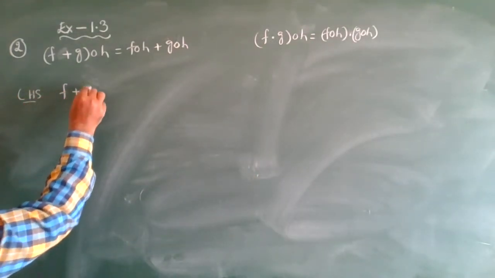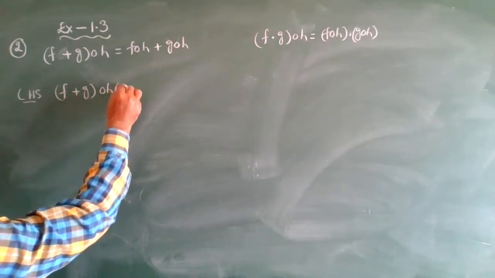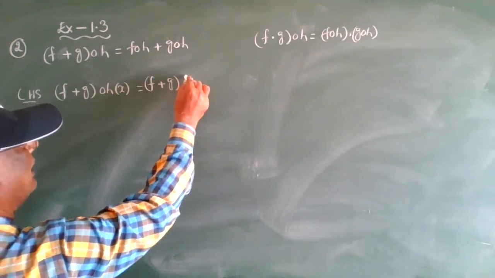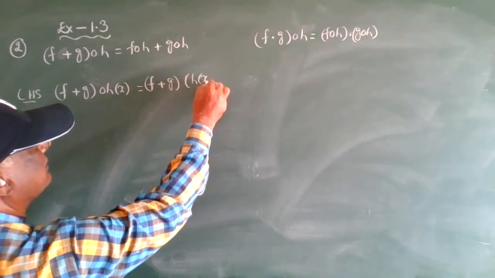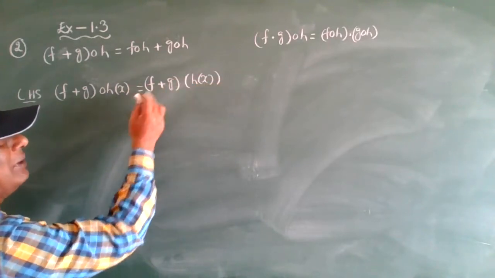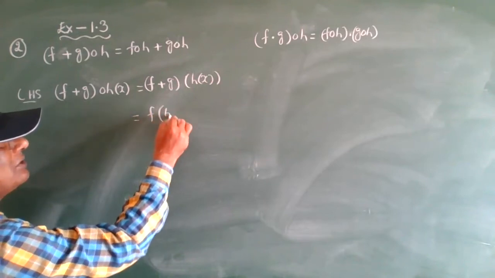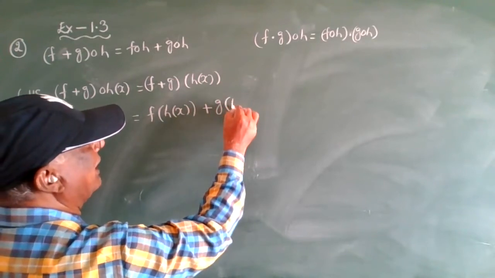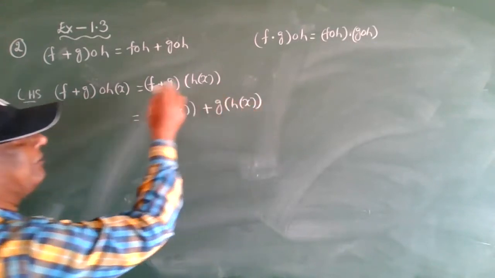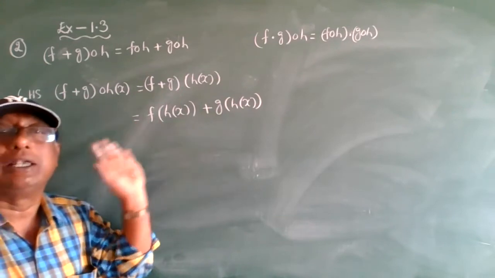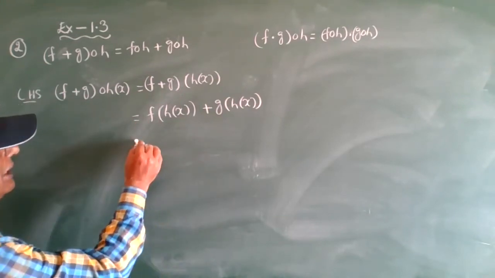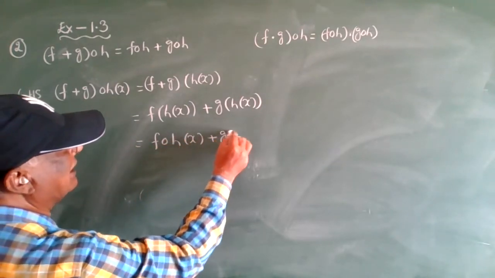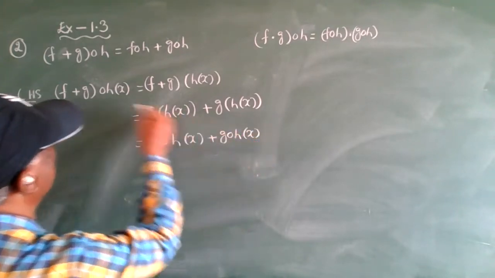(F plus G) circle H at X is equal to (F plus G) of H of X. So addition means this will be F of H of X plus G of H of X. So that is (F circle H) at X plus (G circle H) at X. X should be cancelled.